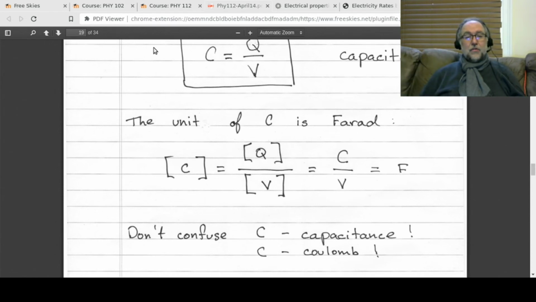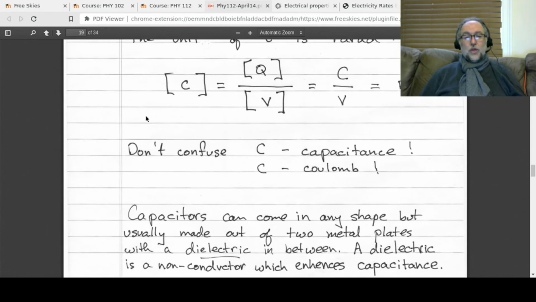Now, at this point, I have to sort of alert you to a possible confusion that comes up, there's two C's in here, okay? There's the one C, which is the symbol that refers to capacitance, okay? And then there's another C, which refers to the unit, which are coulombs, all right? And I don't know, I mean, physics ran out of symbols long ago, and so they've recycled them.